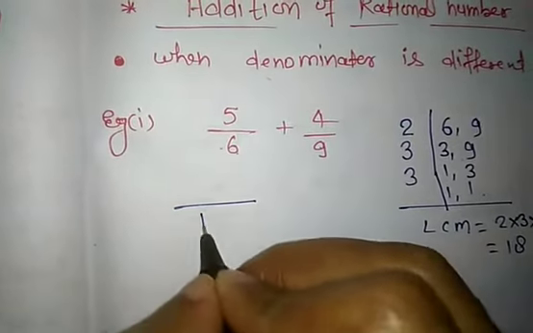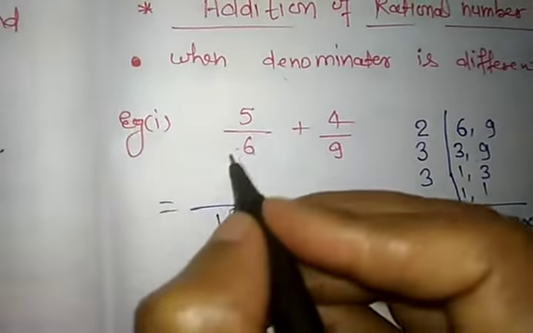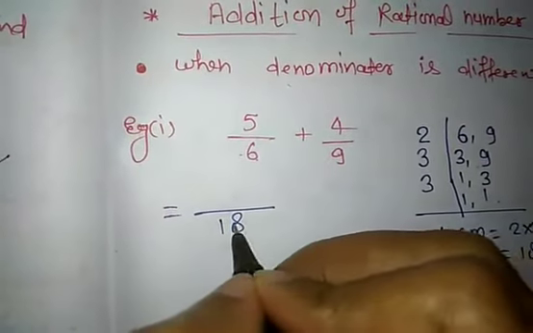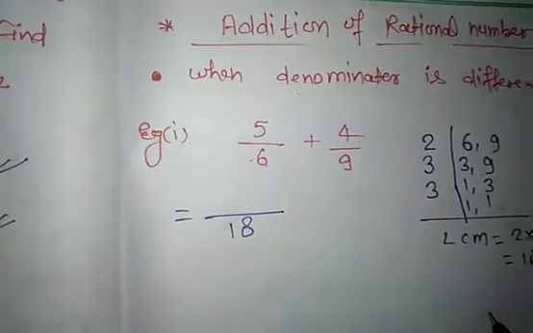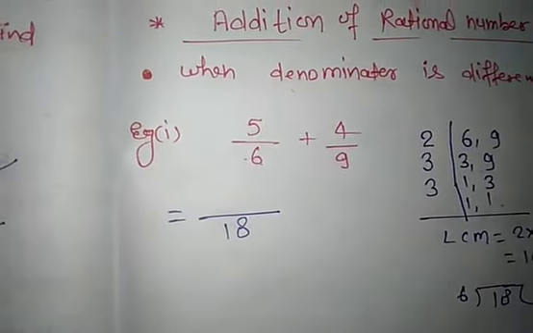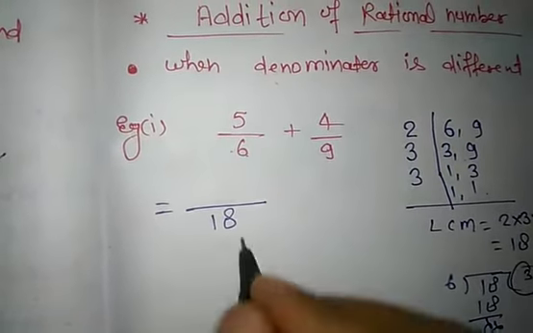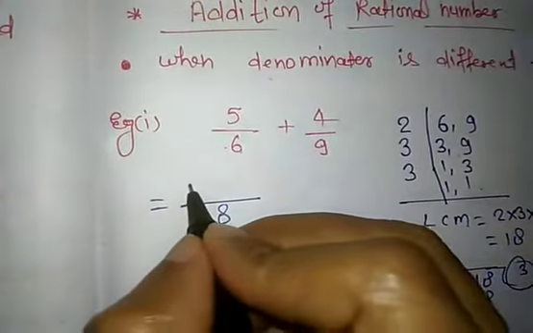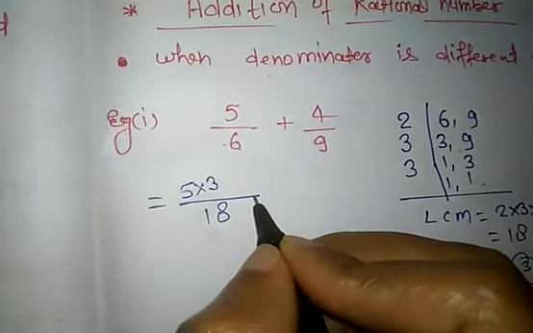So write the common denominator. In the next step, divide 18 by 6. We get 3. So first write the numerator and multiply.